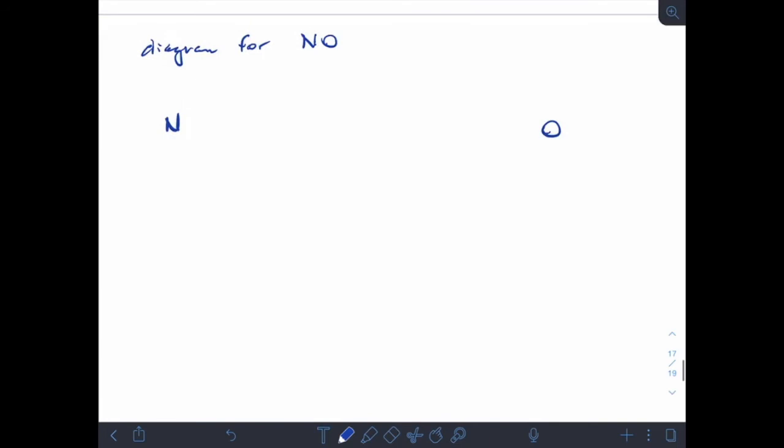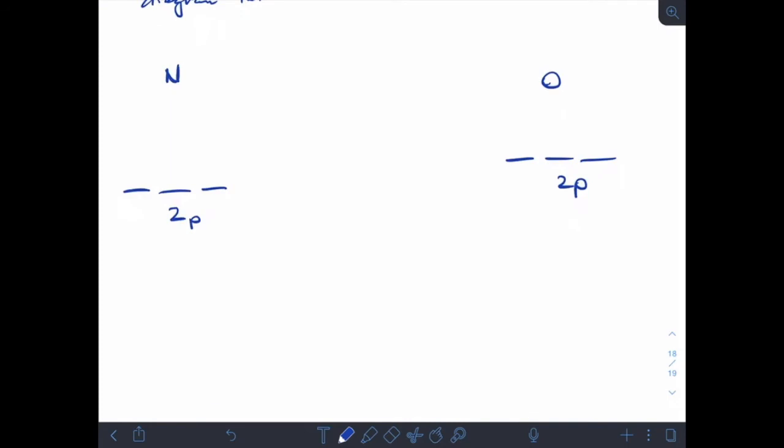So my 2p for the nitrogen is sitting there, and then my 2p for the oxygen is going to be slightly higher in energy because it's got more stuff in it. Right? And then we have down here our 2s, and probably about the same energy is the 2s for the oxygen. Right? So let's construct our diagram. So at the top here, I've got my sigma star 2p.